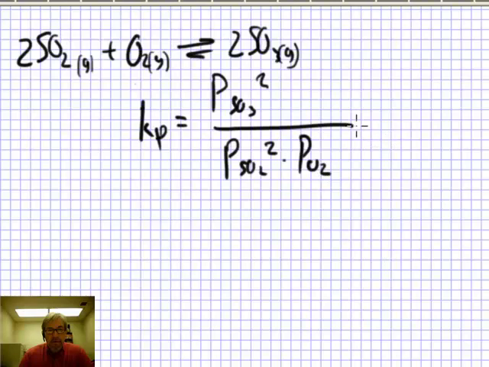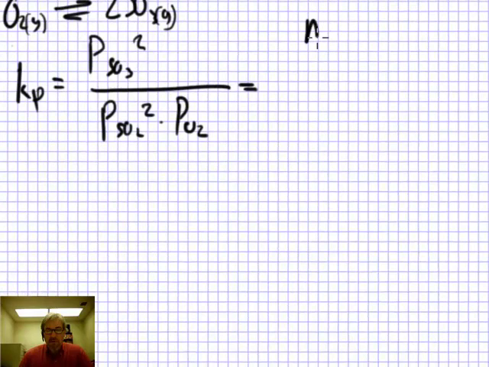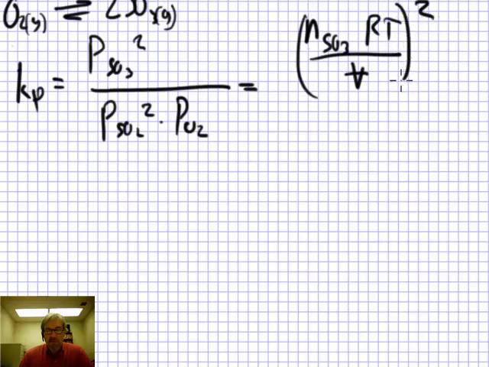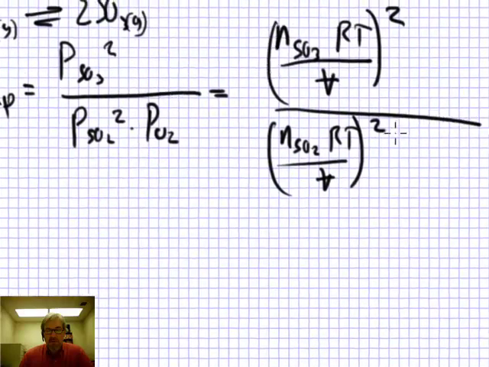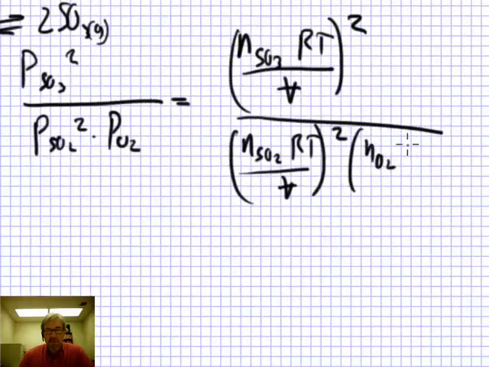Now let's change this expression so we get volume in here. P is equal to nRT divided by V, so let's just exchange all these pressures for number of moles. So n SO3 times R times T divided by V, squared, is in the numerator, and the denominator is number of moles of SO2 times R times T over V, squared, times number of moles of oxygen times R times T over V, to the 1 power.